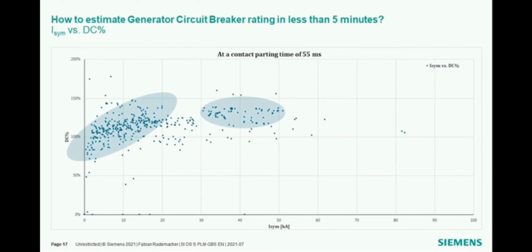And then we can see the relation between the symmetrical breaking current and the DC percentage. Between 0 and 20 kA of symmetrical breaking current, we have a huge cluster of DC percentages up to roughly 120%.